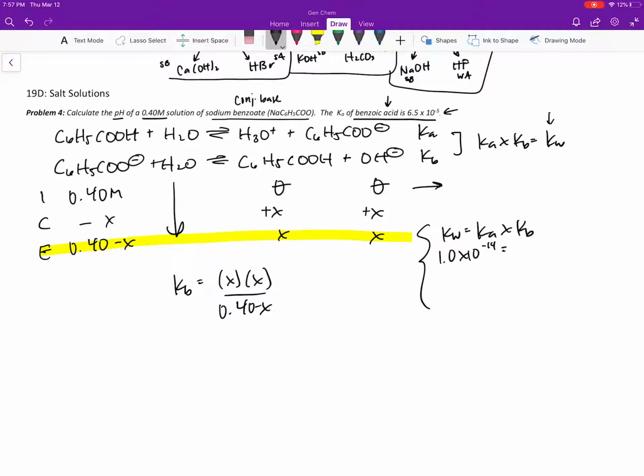So I have Kw, Ka, and Kb. Oh, I'm sorry, I have this backwards. I'm looking for Kb, and I have Ka. So I'm going to divide the Ka onto both sides and solve for Kb, and I'm going to get a tinier number than the Ka, which suggests something about equilibrium.